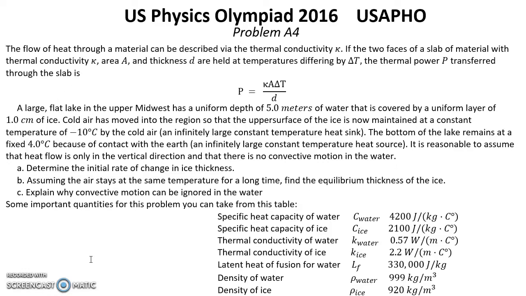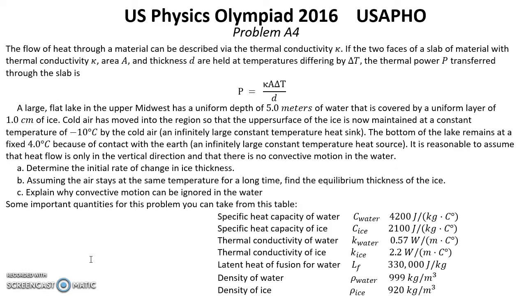Cold air has moved into the region so that the upper surface of the ice is now maintained at a constant temperature of negative 10 degrees Celsius by the cold air, an infinitely large constant temperature heat sink.